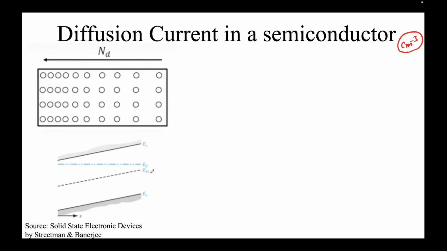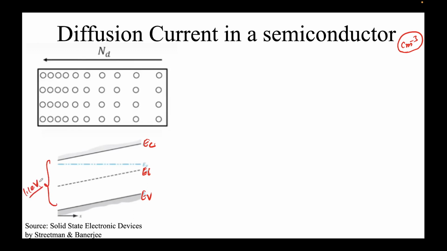This is EI, the intrinsic energy level, or the midpoint. This is EV and this is EC. The blue line is EF. You can also see that EV is tilted. That makes sense because the band gap has to remain constant. The material inherently remains silicon, so this will remain 1.1 eV. So that's the band diagram.